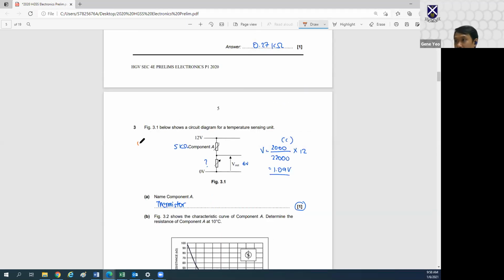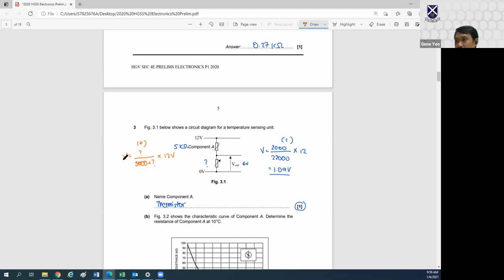So to solve for part E, I want to find this one. So I'm going to employ the very same method, right? The voltage divider method. So V equals, now it's the unknown over 5,000 plus the unknown multiplied by 12 volts.